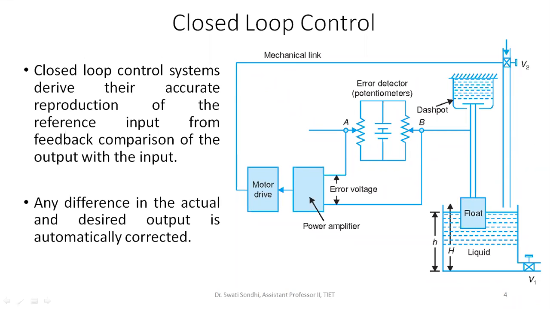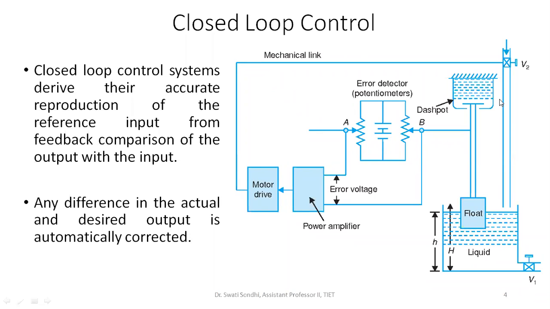From V1, the liquid goes out of the tank. The idea is that by balancing the V1 and V2 valves, we need to maintain a particular height in this tank. Capital H is the desired height, and small h is the height at any particular time instant.